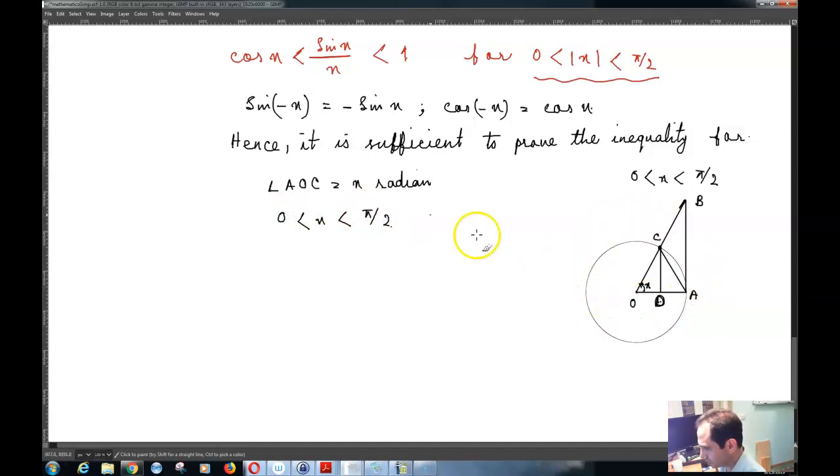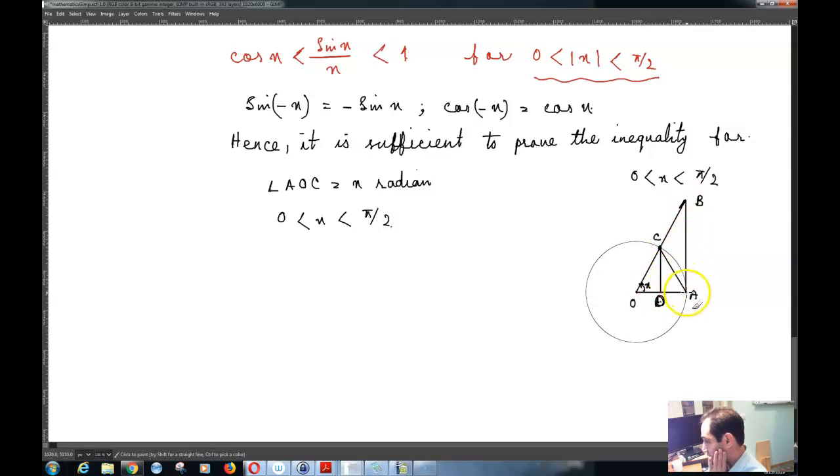That's basically our construction. Now the line segment BA and the line segment CD are perpendicular to OA. These two are perpendicular by construction.